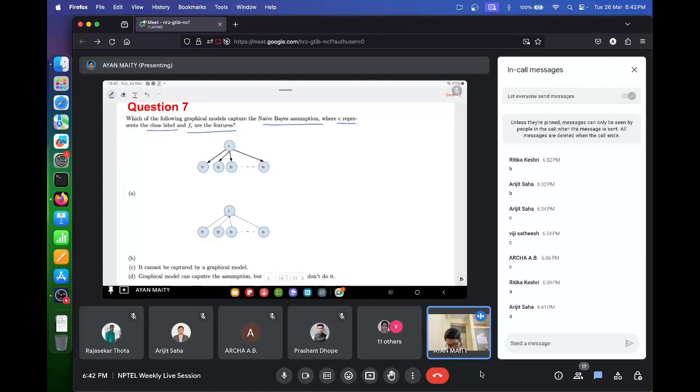In naive Bayes, features are independent given the class. So if the features are f1, f2, up to fn, the probability of f1, f2, up to fn given c equals probability of f1 given c, probability of f2 given c, up to probability of fn given c.